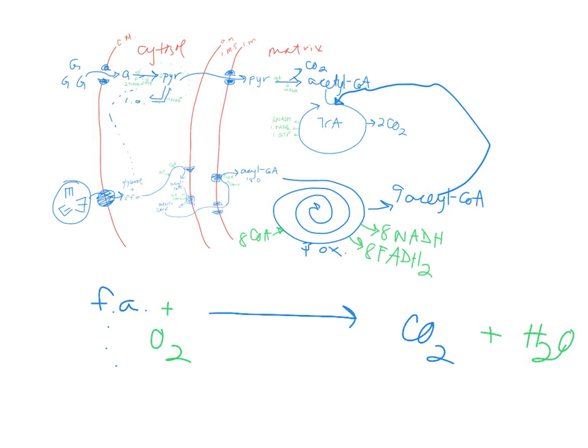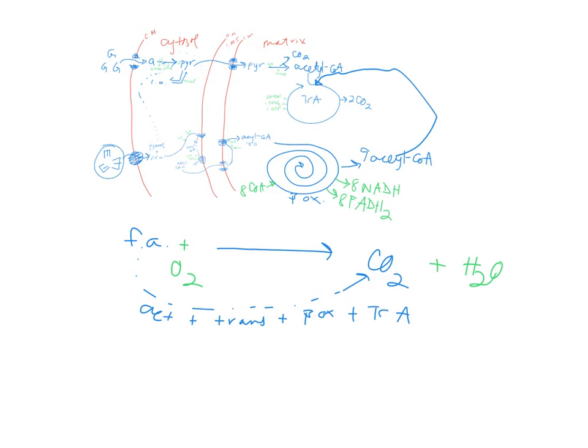In order to go from fatty acid to CO2, let's go back here. We have activation plus transport plus beta-oxidation plus the TCA cycle. Whoops, TAC. Crazy. TCA cycle.